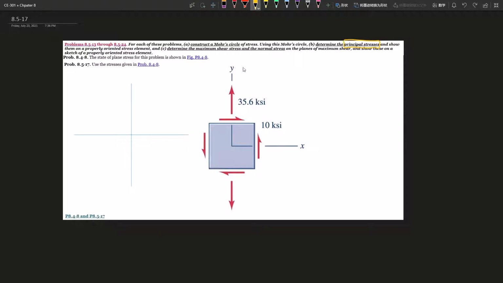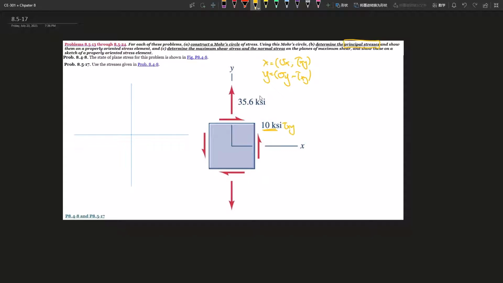We know that y is the tensile stress in the y direction and the shear stress in the xy direction is negative, right? From here we can tell this is positive, the top right corner, and this is 10 ksi.